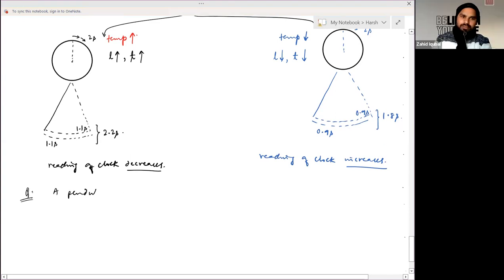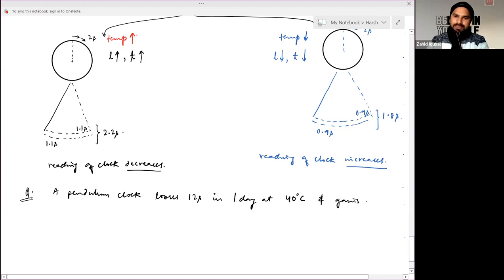A pendulum clock loses 12 seconds in 1 day at 40 degrees Celsius and gains 4 seconds in a day at 20 degrees Celsius.